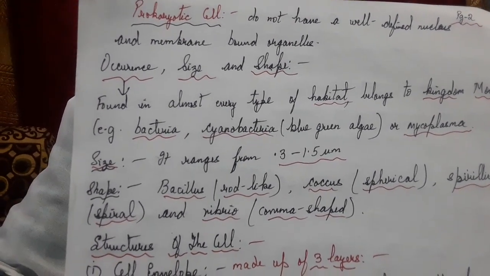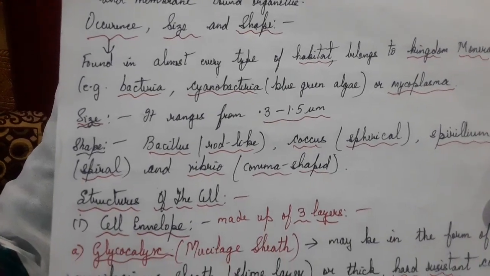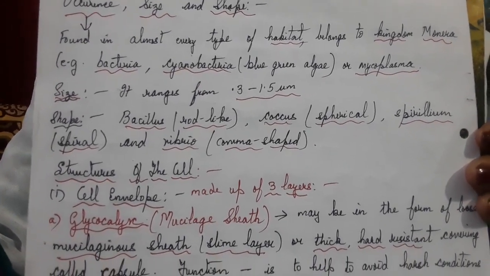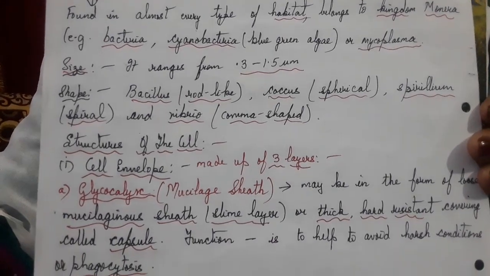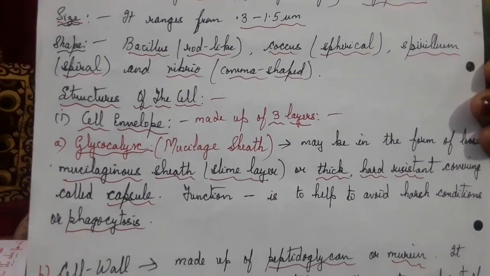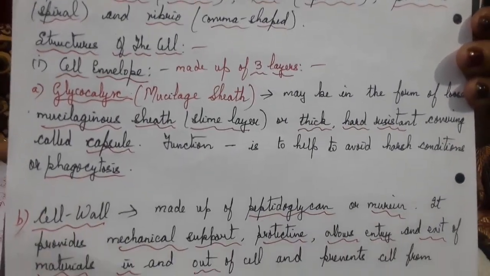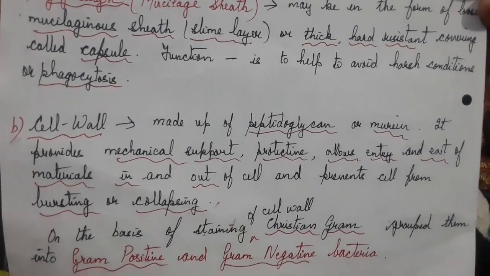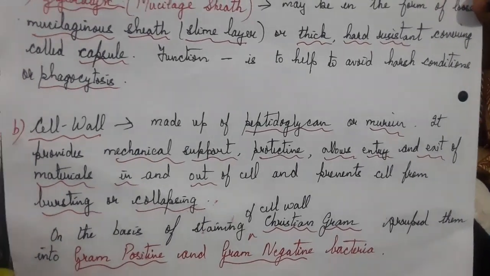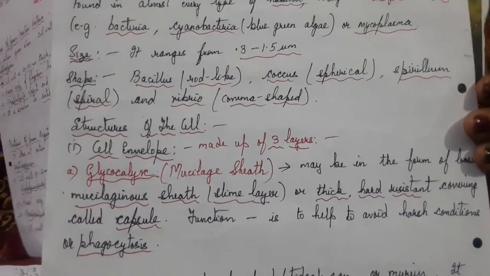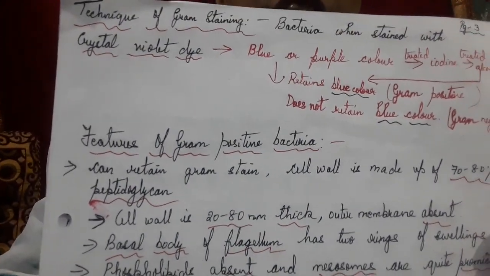This is the cell envelope, which consists of three parts: glycocalyx or mucilaginous sheath or capsule. Then you have the cell wall and plasma membrane. Christian Gram was the person who differentiated the gram-positive and gram-negative bacteria on the basis of staining.